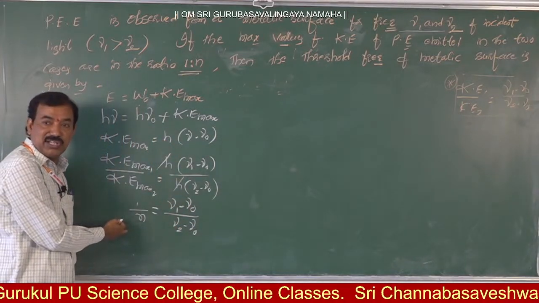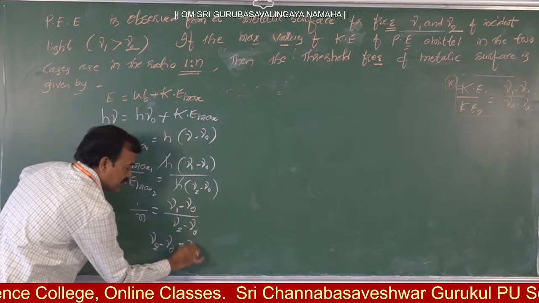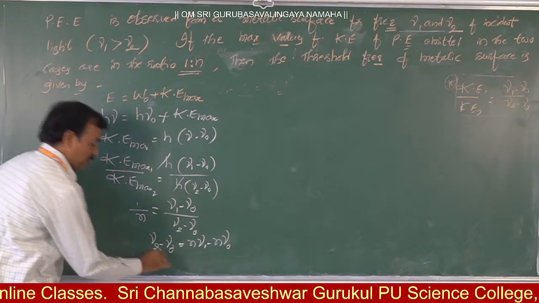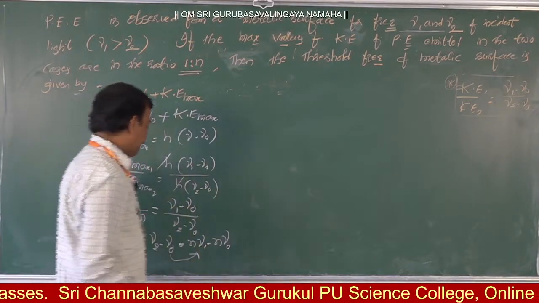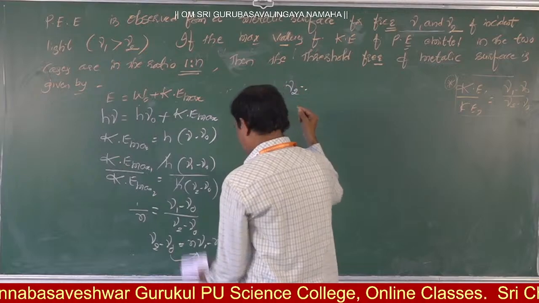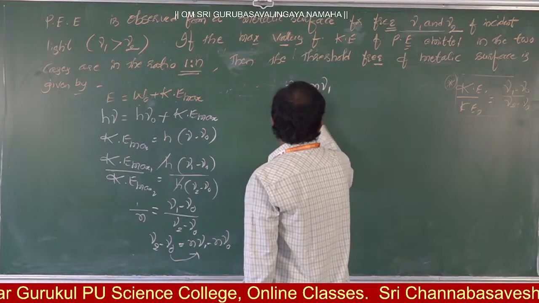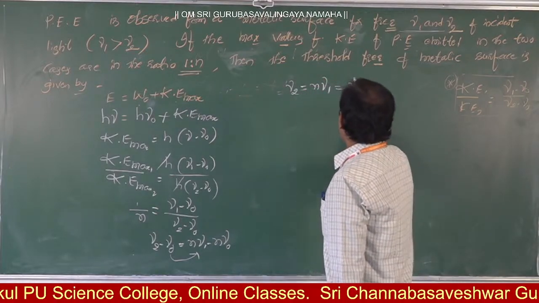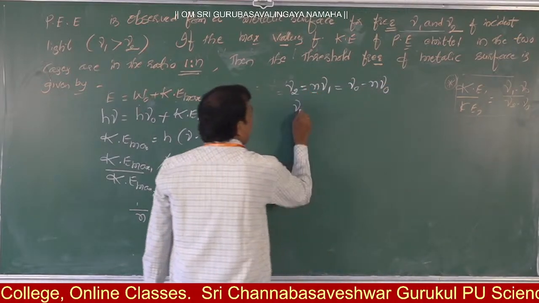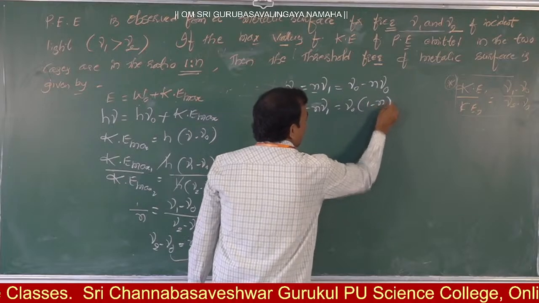Shall we do the remaining answers here? Okay, so what is that equation? 1 into (ν2 − ν0) is equal to n into ν1 minus n into ν0. Now we have to find the ν0 value here. So we go to this side, and ν2 minus n into ν1 is equal to ν0 minus n ν0. ν0 is common, so ν2 minus n ν1 equals ν0 times (1 − n).